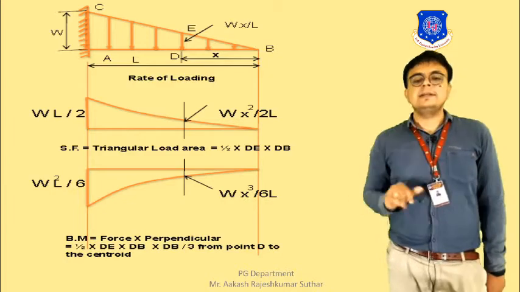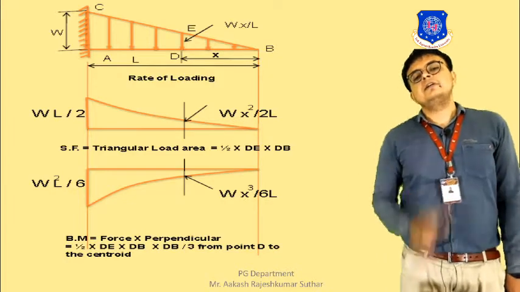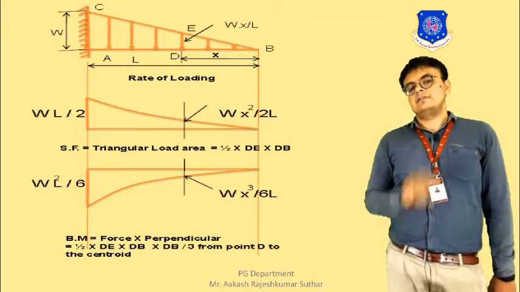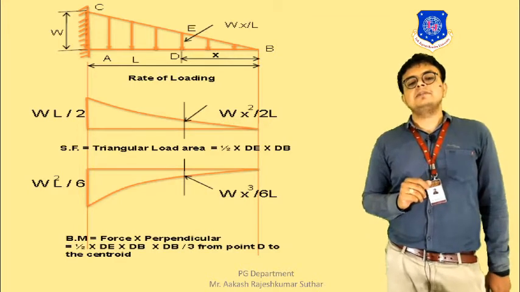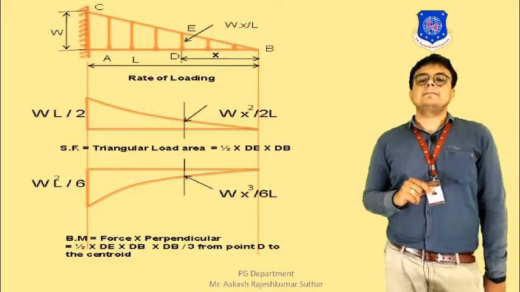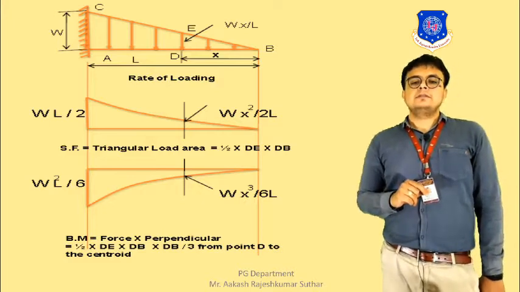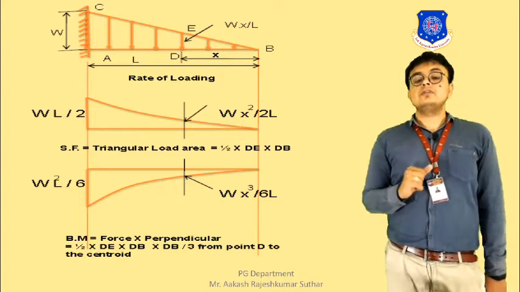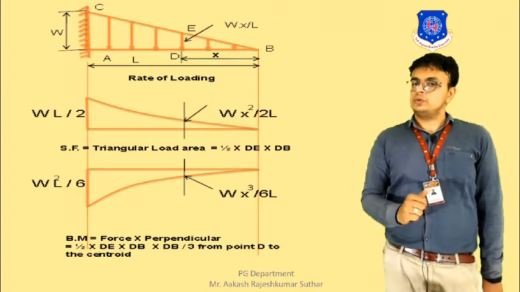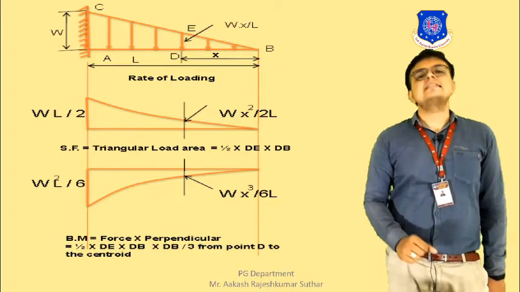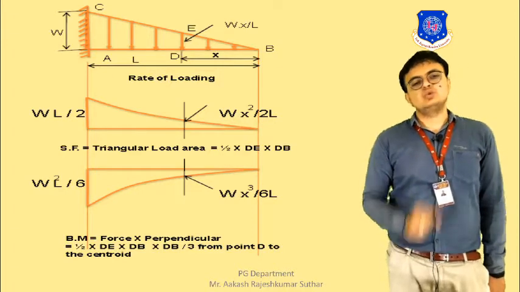That will be the bending moment at the centroid of the UVL. And the final bending moment will be equal to WL²/6. So this is how we have to calculate the shear force and bending moment for the uniformly varying load. Let's keep it up to this. In the next session we will be discussing an example related to this.